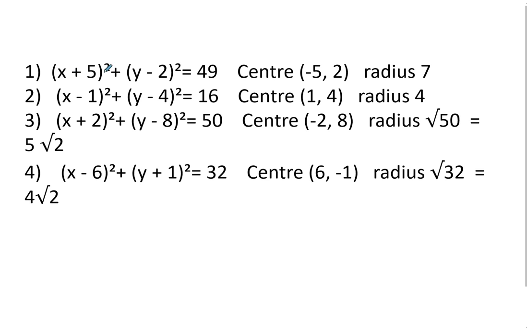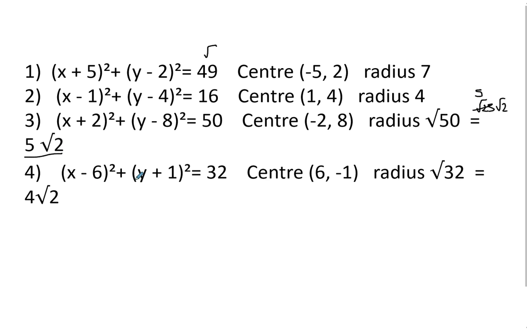If you had that, you can tell you're changing the sign, so the center is (minus 5, 2). And the radius is the square root of 49, which is 7. Here the center is (1, 4), and the radius is 4. Here the center is (minus 2, 8), and then the radius is surd 50, so the square root of 50, and I simplified it to surd 25, surd 2, which would give you 5 surd 2.